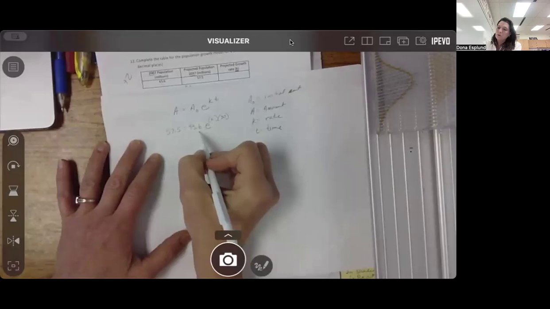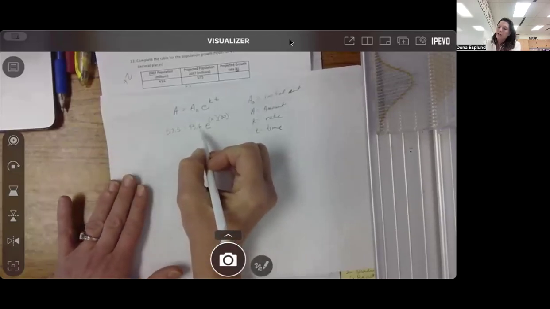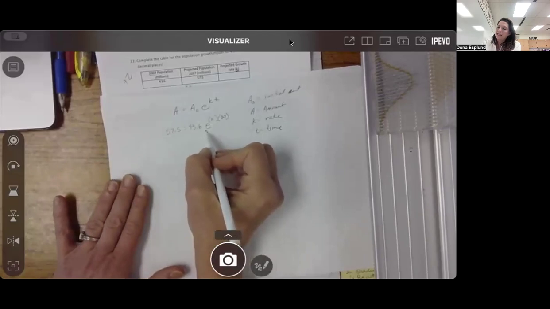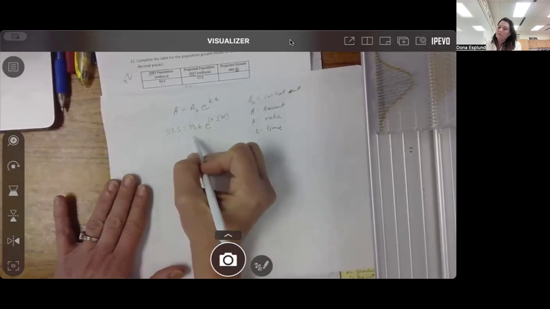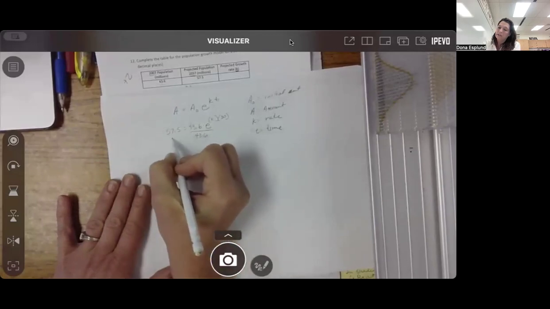In order to do this, this is multiplying. So in other words, I want to isolate the e to the kt power first. So I want to get rid of the 43.6. And remember, if it's multiplying here, we're going to do the opposite. So I'm going to divide both sides by 43.6.